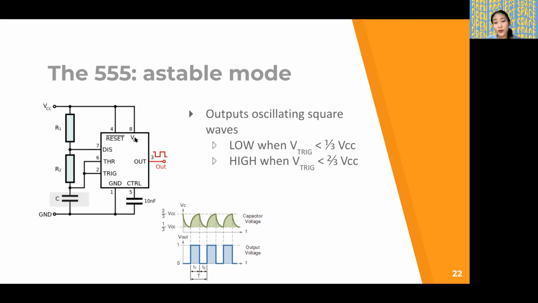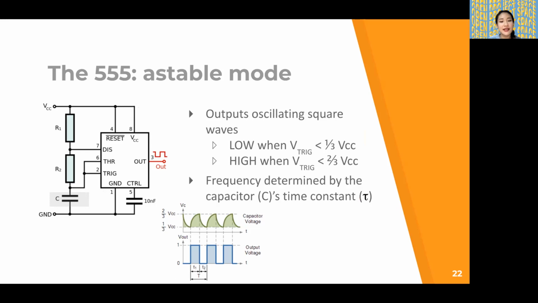And then it'll output high when the voltage at the trigger pin is greater than 2/3 VCC. So depending on what the voltage at the trigger pin is, it'll output low and high, and that's how we get the oscillating square waves.